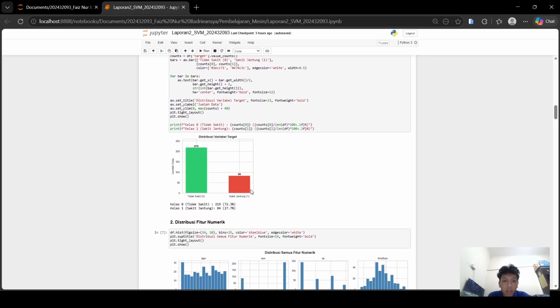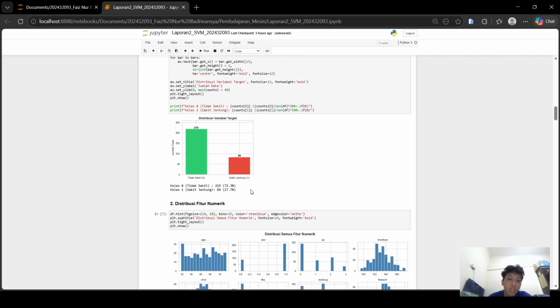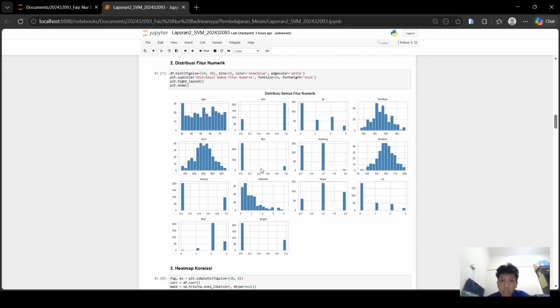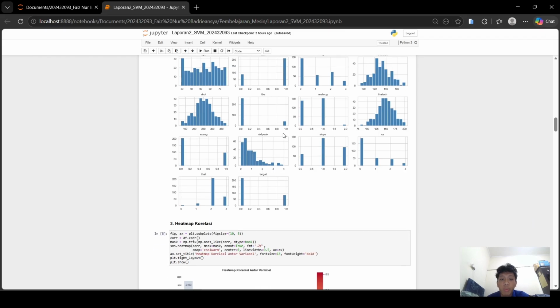Here we have class 0, not sick, which is 42%, and then class 1, heart disease, which is 27%. And the distribution of numeric features, where we can see all the numeric features such as age, sex, CP, trestbps, and chol.